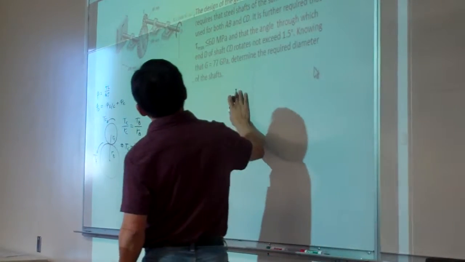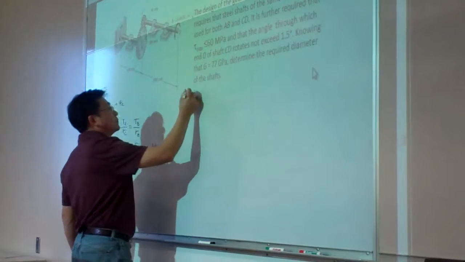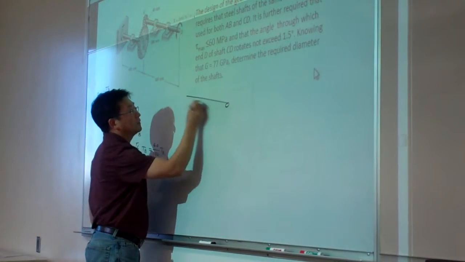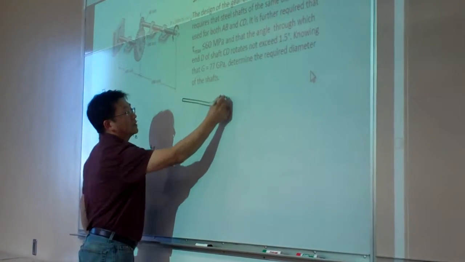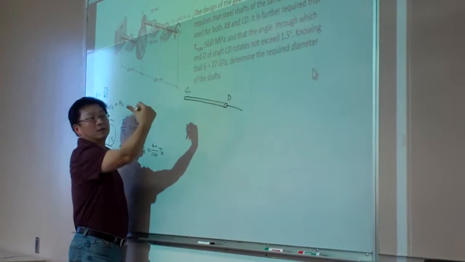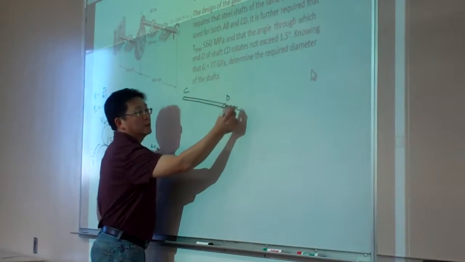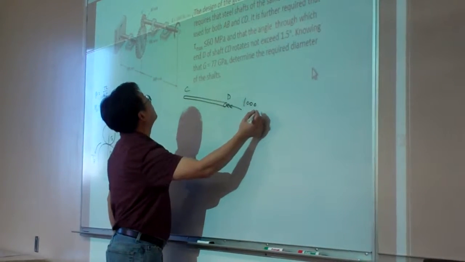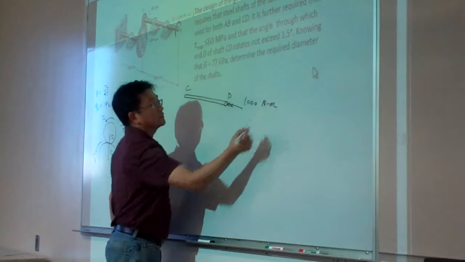So right now we are given the torque T here. For the shaft, this is D, this is C, and here we apply the torque in this orientation. So this is 1000, and the unit is Newton meter.